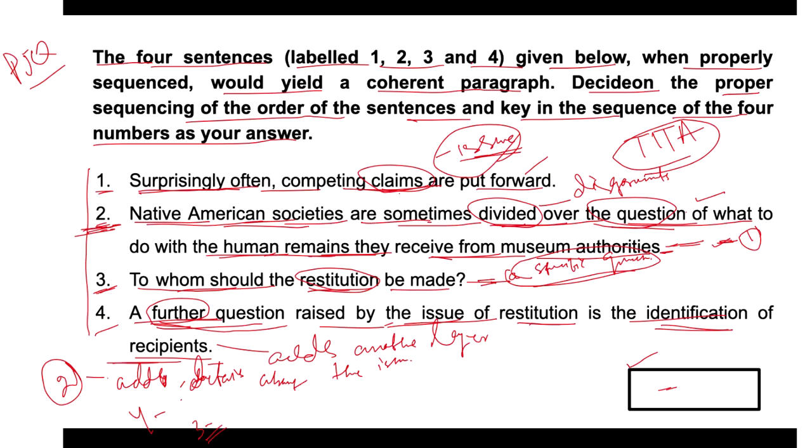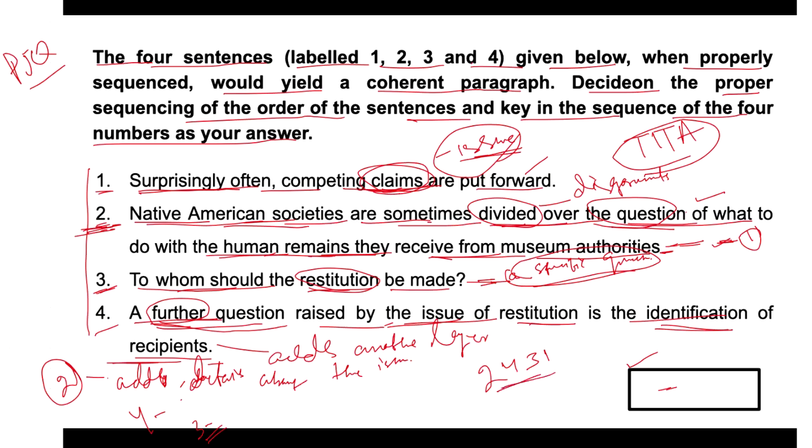So in that case, we can say 2 talks about the issue, and 4 indicates another layer or added detail about the issue, and 3 tells about the specific issue, and 1 highlights that there are often competing claims which complicate the issue introduced in sentences 2, 4, 3. So in that case, we can say 2431 is the correct sequence.